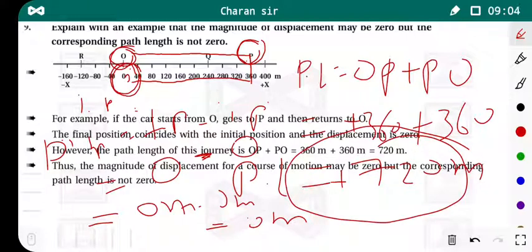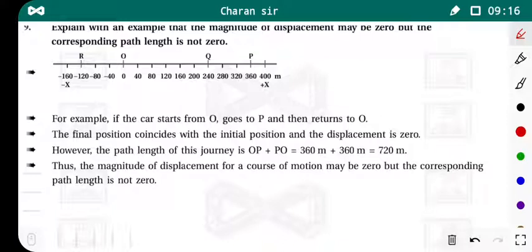When the initial position and final position coincide with each other, the displacement of the object is equal to 0 but the path length will never be equal to 0. So path length is not equal to 0 in any situation when the object is in motion.